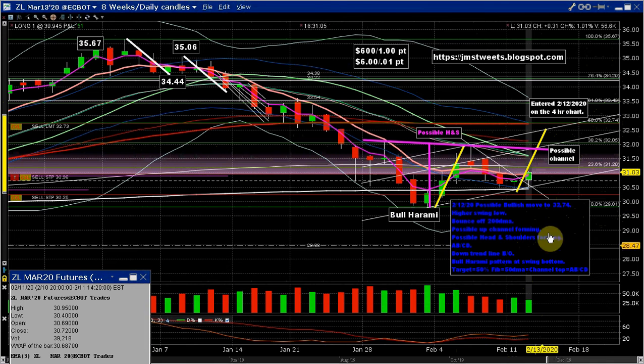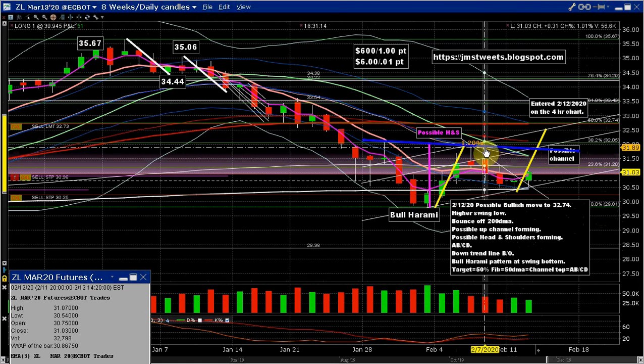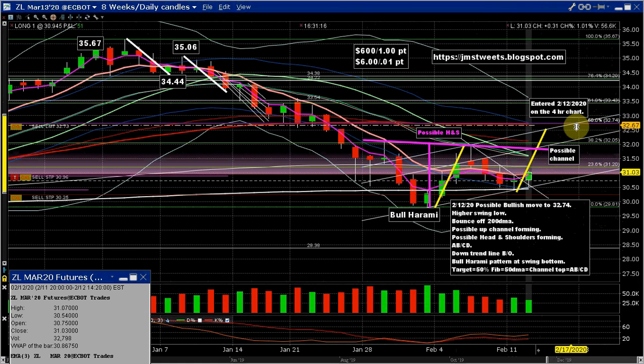And another thing is it's right at the channel top. So I estimate price will get to the target right about here, and this upper trend line of the channel also is going to hit that level right about that time. So there's another reason that makes that a good target.